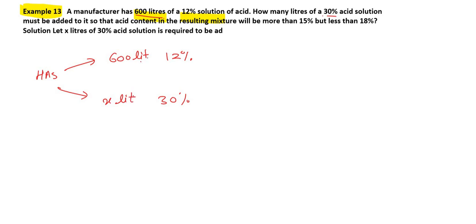Suppose he has a vessel. So he has 600 liters of first solution which is 12%, meaning out of 100 liters, 12 liters is acid. And he is adding X liters of second solution which has 30% acid. So if he is mixing these two, the percentage of acid is more than 15% but less than 18%.